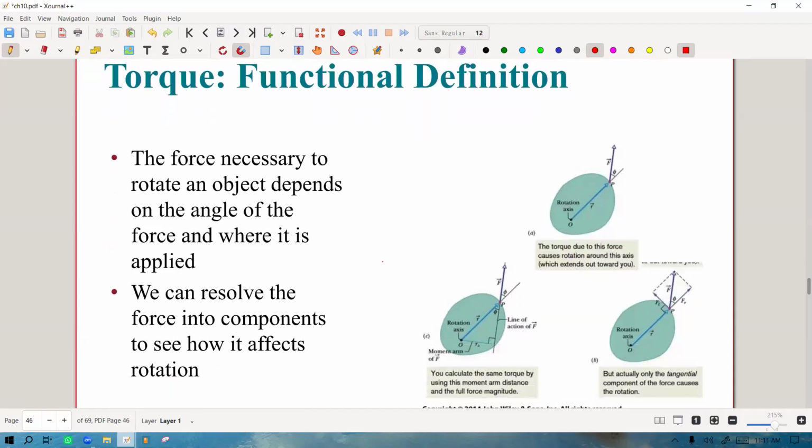Torque functional definition. The torque is the force necessary to rotate an object; it depends on the angle of the force and where it is applied. And then we can resolve the force into components to see how it affects rotation.